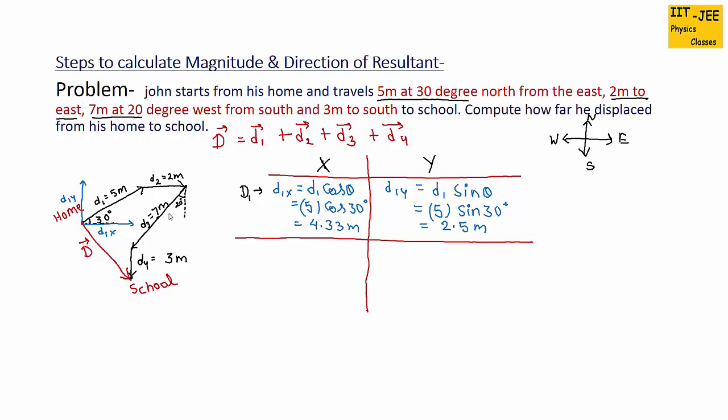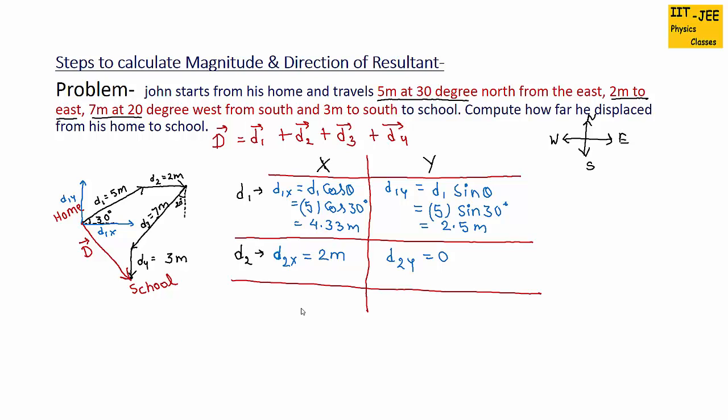So next we have to do the same thing for D2. You can see D2 is already a horizontal vector, so its vertical component or D2y would be 0. So D2x would equal 2 meters and D2y would equal 0. D2x would be positive because D2 is directing towards east direction, and east is a positive direction.